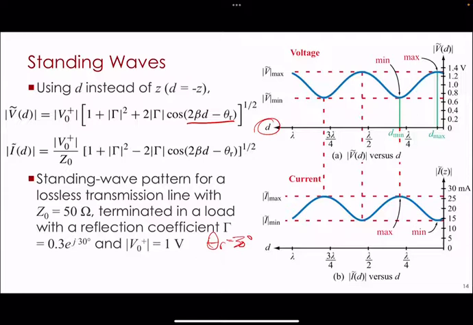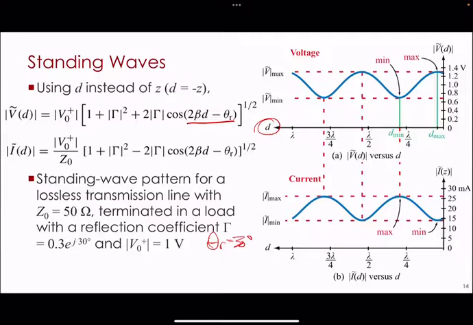And then you can think, well, what is gamma? Gamma, I've just been calling the reflection coefficient, but technically it's the reflection coefficient at the load. Because that equation came from right when we decided to let z equal 0 at the load, because then all the complex exponentials were e to the zeros and everything got a lot easier. But the way we calculate it is ZL minus Z naught over ZL plus Z naught.